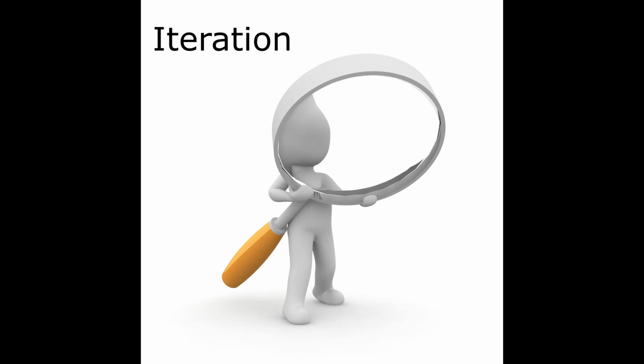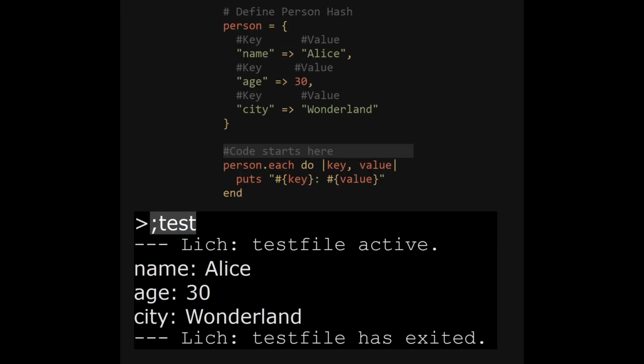Iteration is a way to look at each item in a collection, one at a time. When working with hashes in Ruby, you can loop through them to access both the keys and the values. So here's how you do it. person.each do |key, value|, puts, and then inside double quotes, #{key}: #{value}, close double quote, and then end.